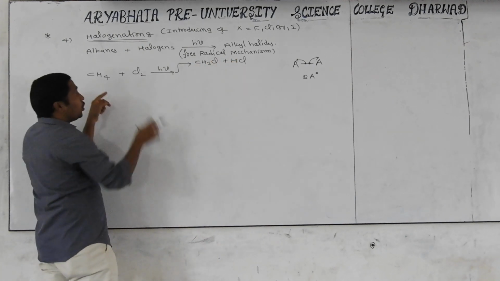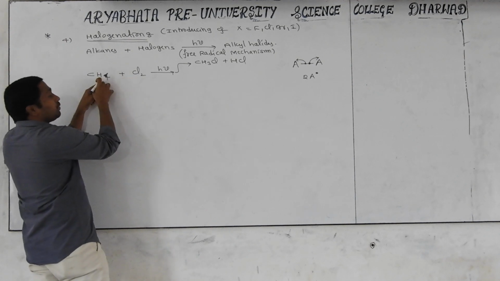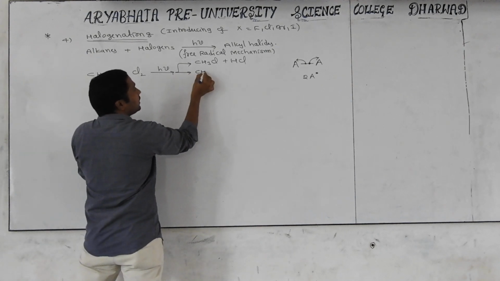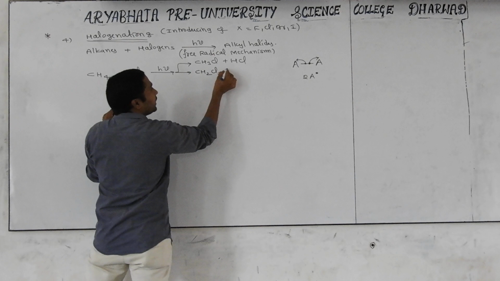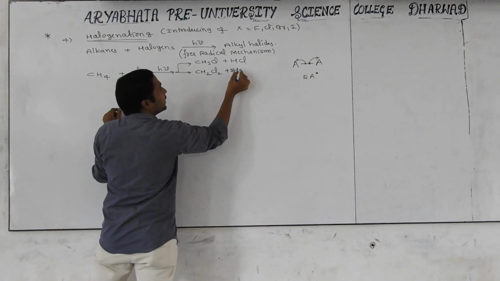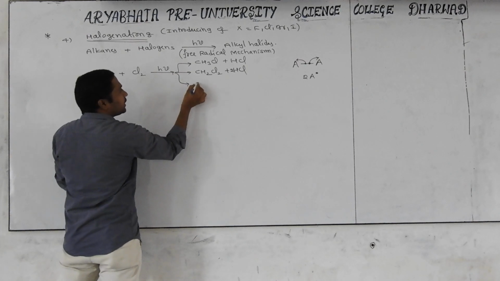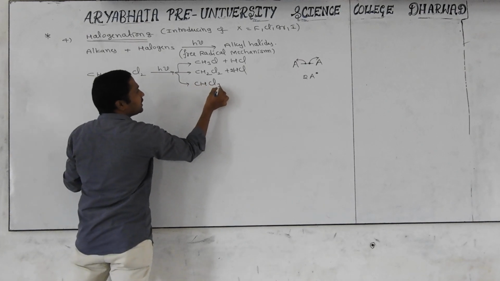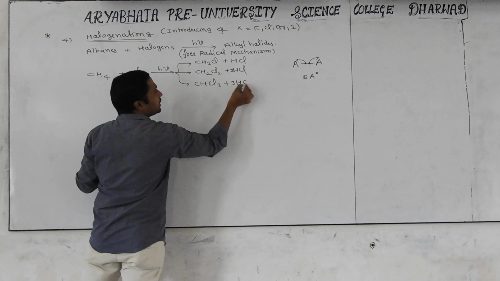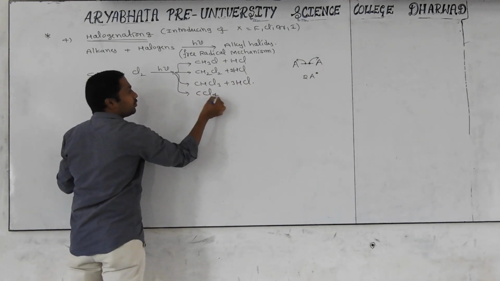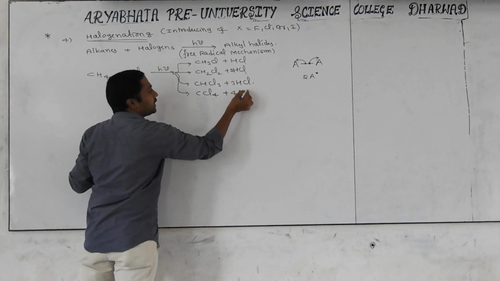No, 2 moles of Cl2 react with this one, then 2 hydrogen atoms are replaced. Then we get CH2Cl2 and 2 more HCl. One more possible product is CHCl3 plus 3HCl. What is the maximum? CCl4 plus 4HCl.